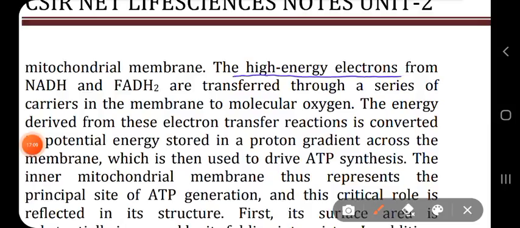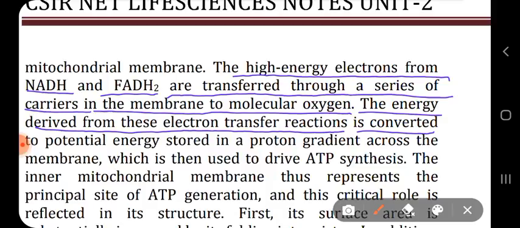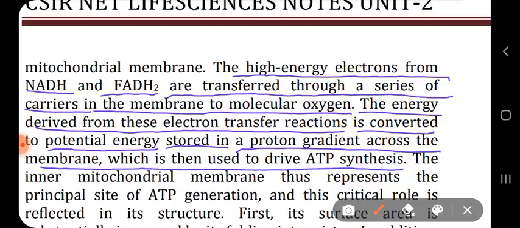The high energy electrons from NADH and FADH2 are transferred through a series of carrier molecules in the membrane to molecular oxygen. The energy derived from these electron transfer reactions is converted to potential energy stored in a proton gradient across the membrane, which is then used to drive ATP synthesis.